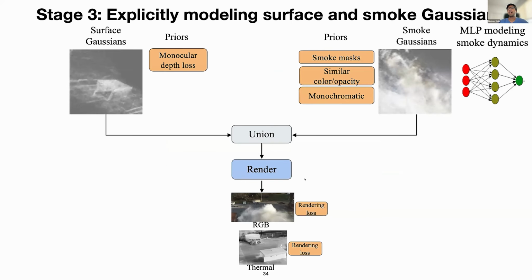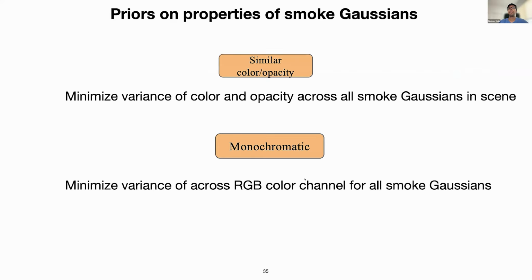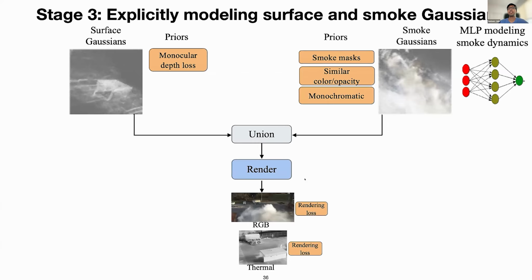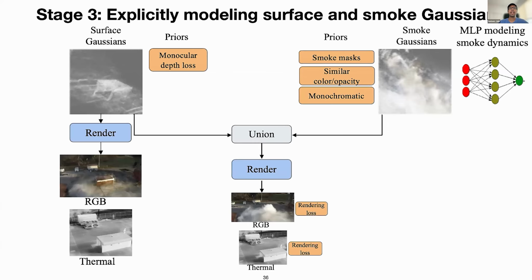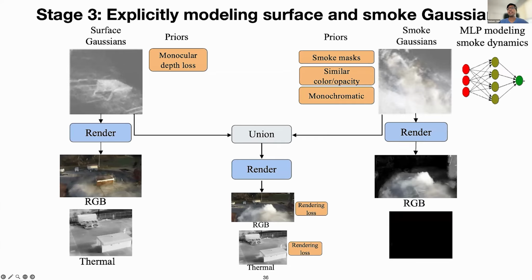Also, we know that the smoke Gaussians have similar color and similar opacity and they're monochromatic, so we can minimize the variance and place that as an additional loss function. Once we do that, we can render out the surface Gaussians and see that the surface part of the scene is obtained. Upon rendering the smoke Gaussians, we get the smoke part of the scene.